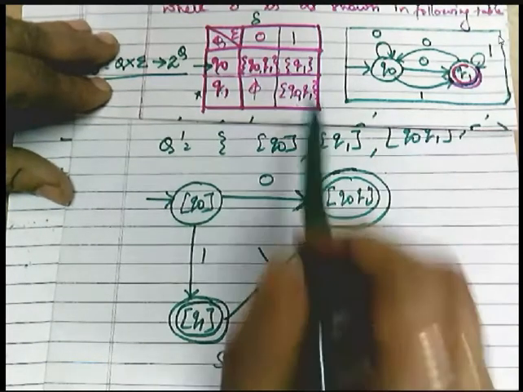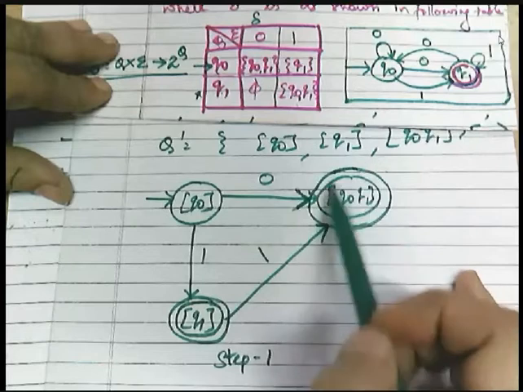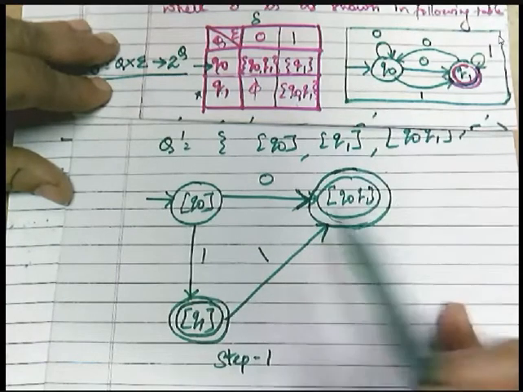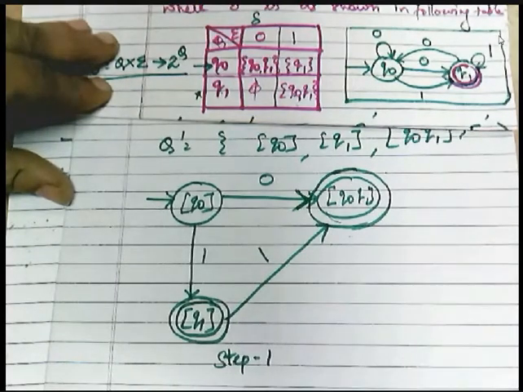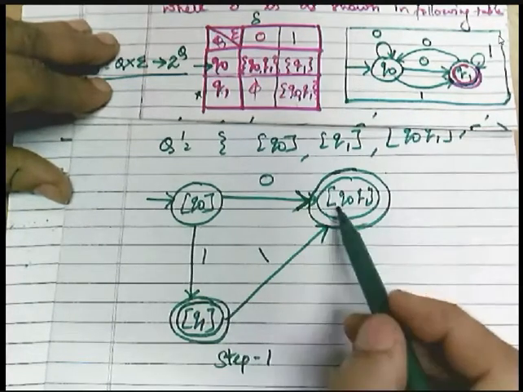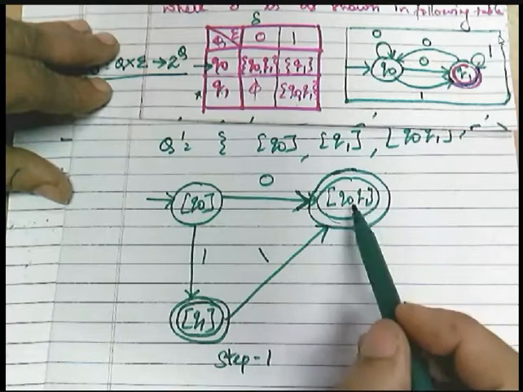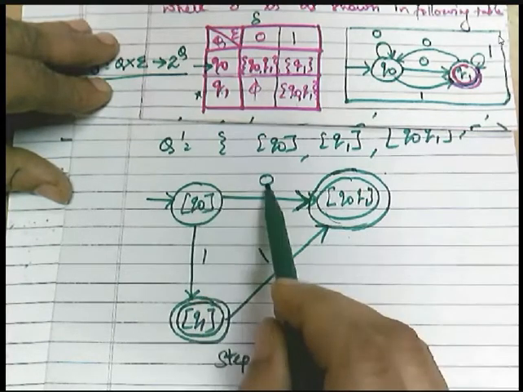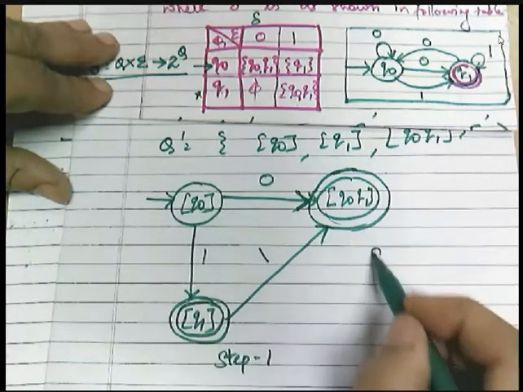Now next, the newly added state is Q0, Q1, for which no transition is represented for the input symbols 0 and 1. So we will find it out. Q0 on 0 goes to Q0, Q1.